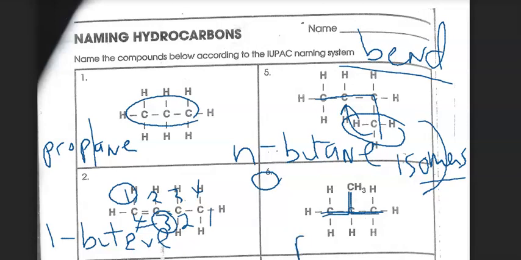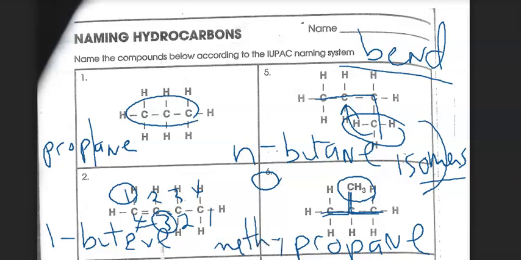So the base name is prop. They're all single bonds, ANE, but this group right here is known as a methyl group. We use the prefix now, and we're going to call it methyl. That's a Y and an L there, by the way, methyl propane. So methyl propane and N-butane are isomers.